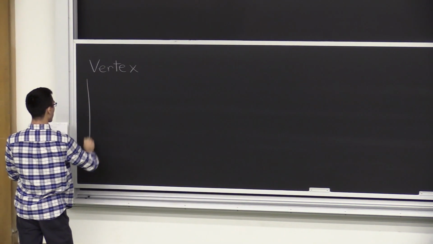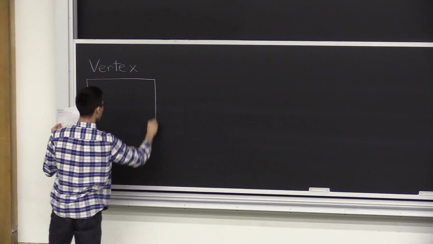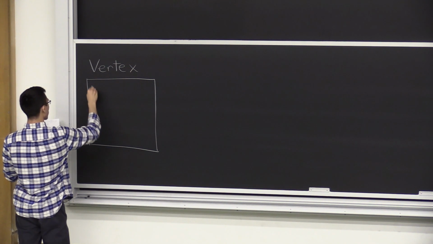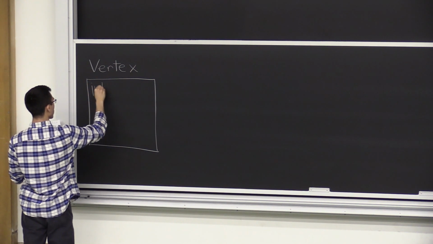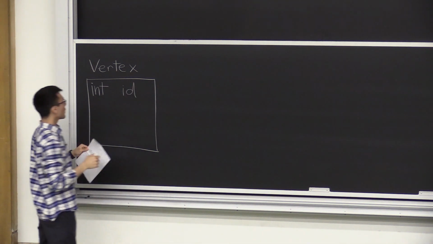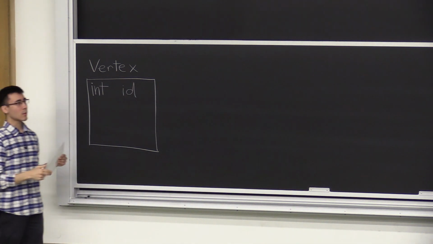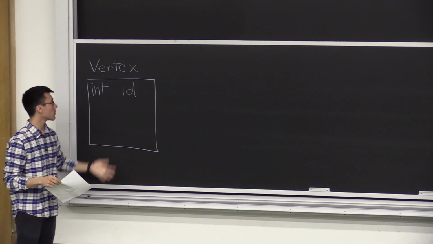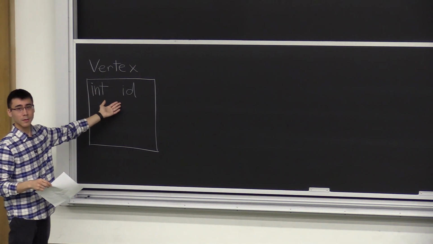And let's say that it looks something like this. We're going to give it an int ID. This is going to represent whether we're at node 0, node 1, node 2. And for convenience, I'm just going to leave it in terms of a typical int.